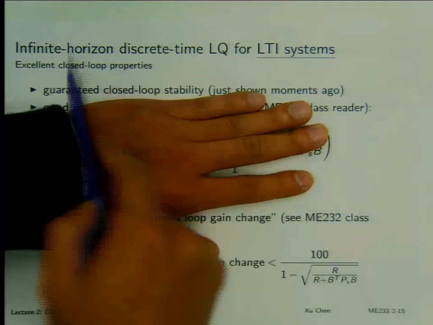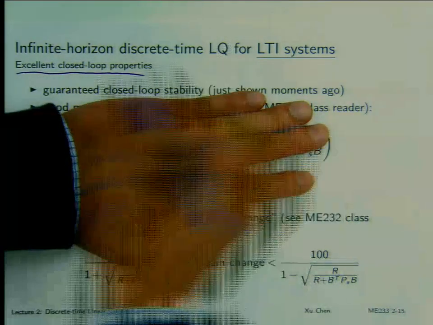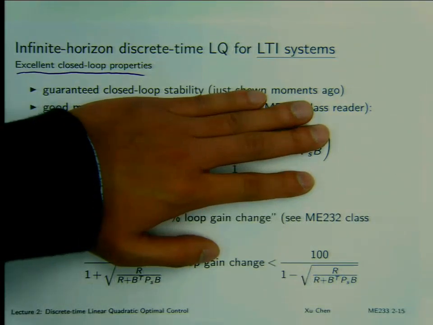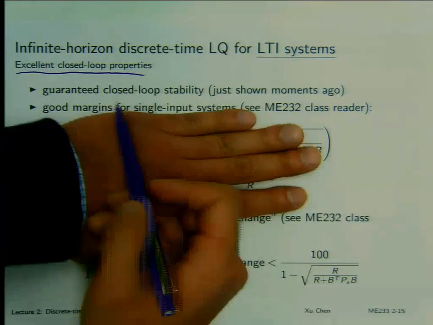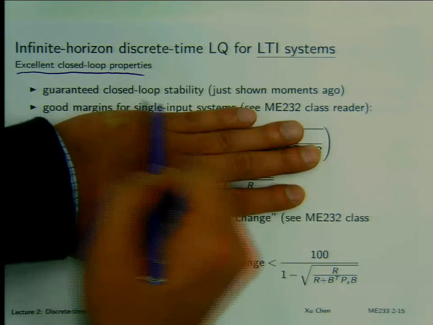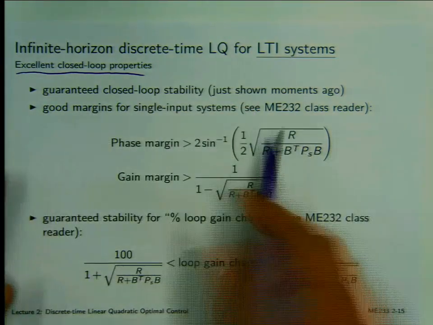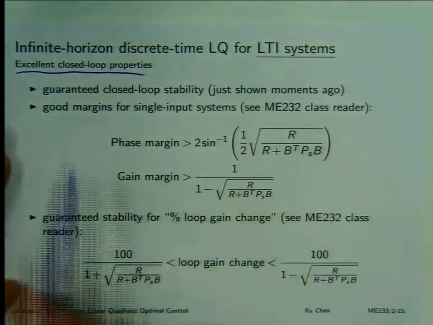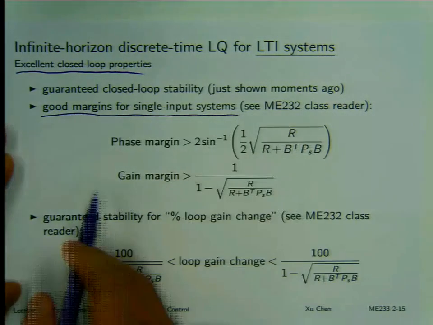This slide, I just want to show you LQ problems. Steady-state LQ problems have excellent closed-loop properties. I have shown you in a little bit detailed equations that it has guaranteed closed-loop stability. But from ME232, if you read the notes over there, you will see it has excellent margins for single-input systems.